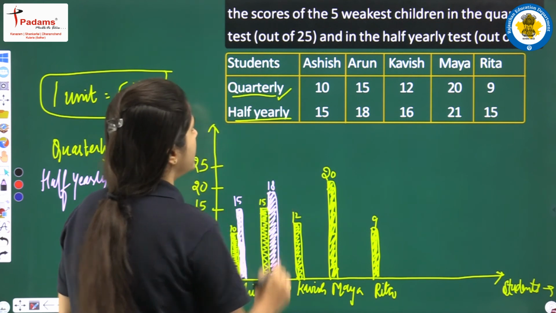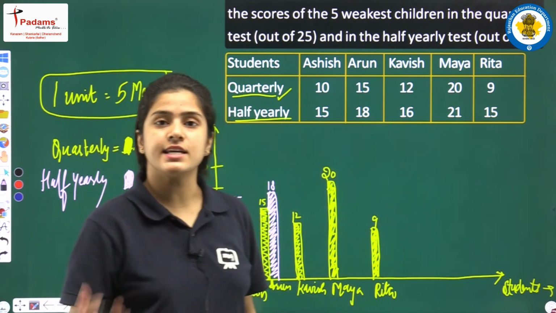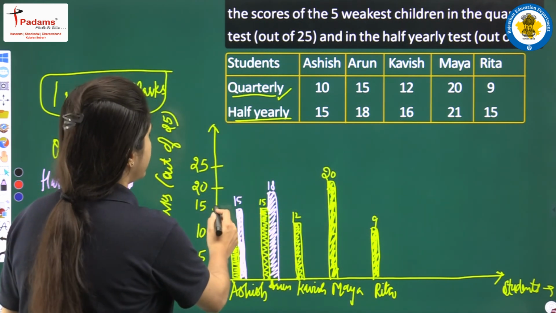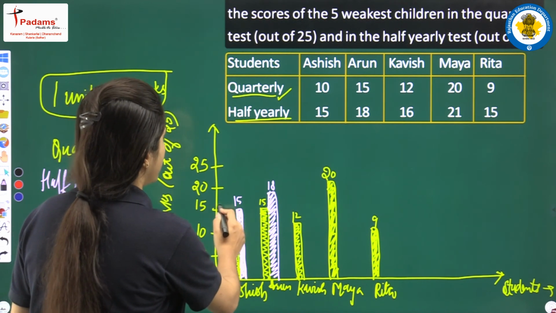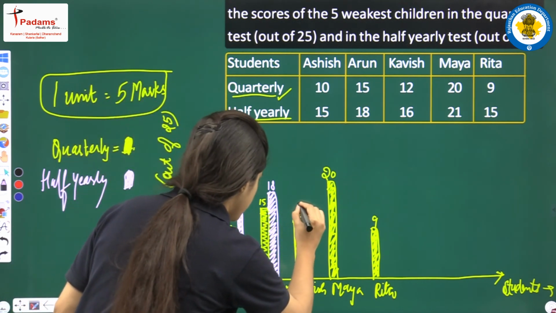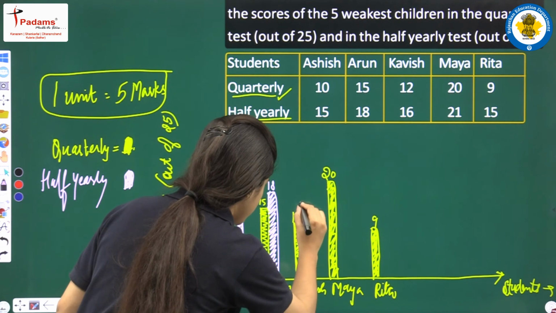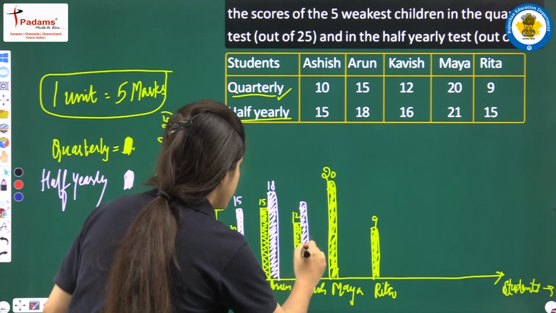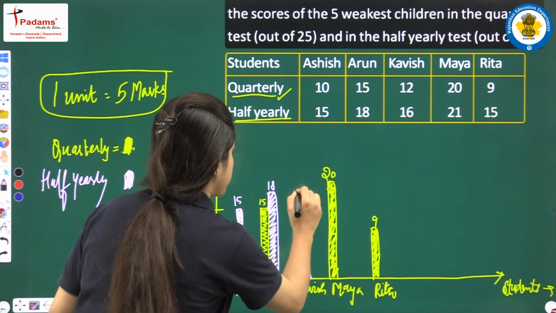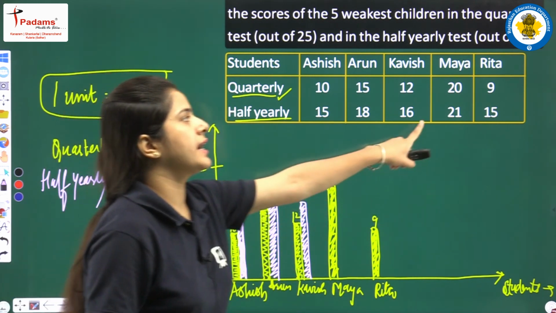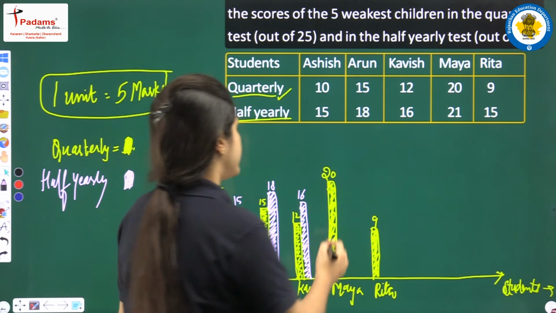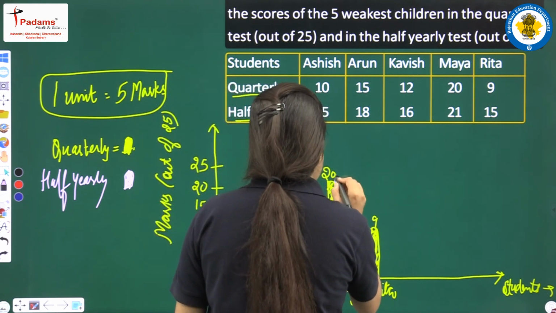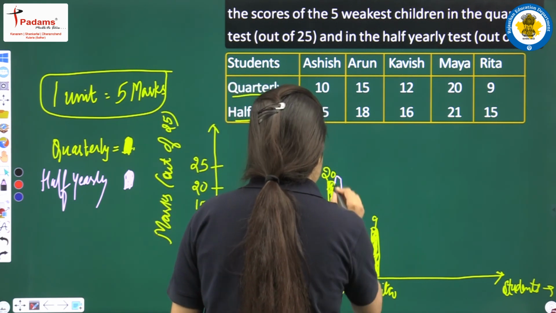18 of Arun. Now Kavish is getting 16 marks, students. So 16 is closer to 15, above 15. Maya is getting 21 marks. 21 is slightly greater than 20.